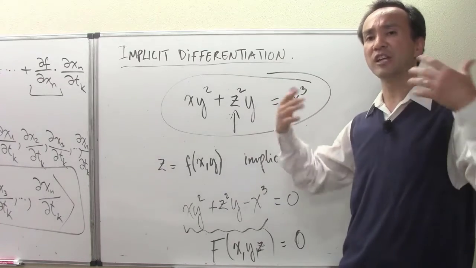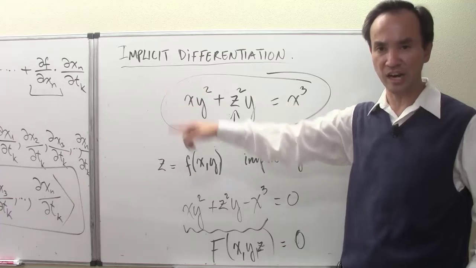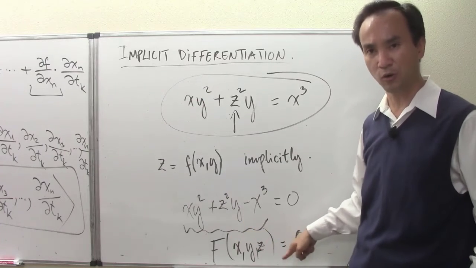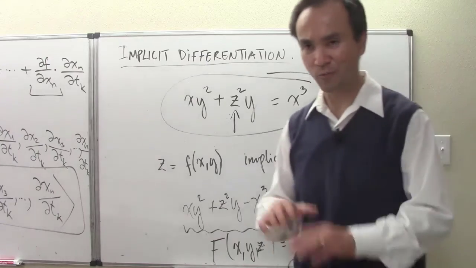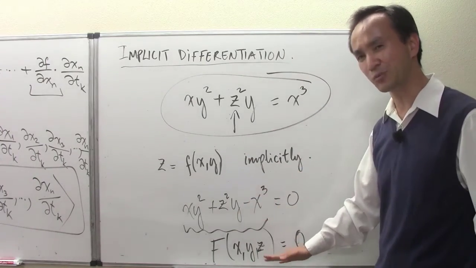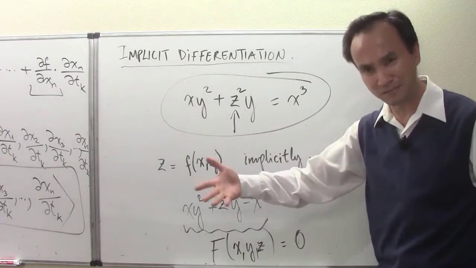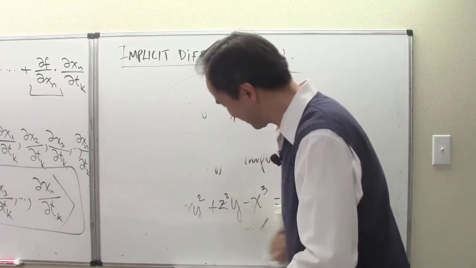And if you have an equation of 4 variables, then you can bring all terms to one side, making it a function of 4 variables equals 0. Once you see the generality, allow me to just focus on this case of 3 variables, a decent number of variables, enough to make the work fascinating.